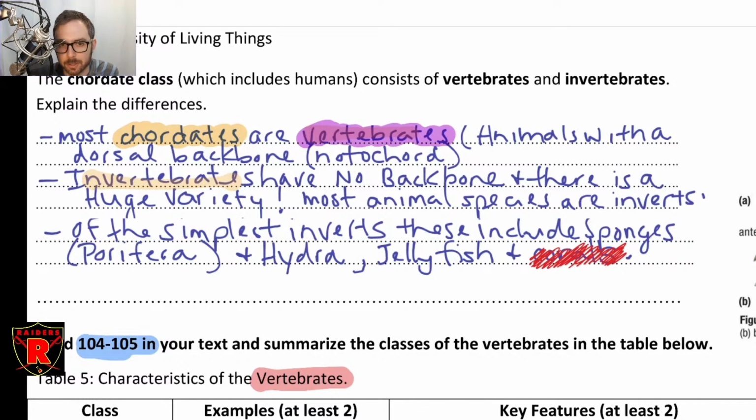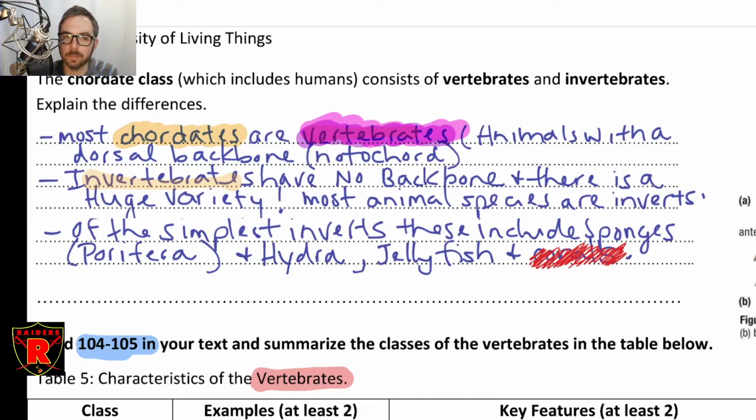Most things with a spinal cord also have a bone protecting the cord. If you have a bone protecting the cord, we call that a vertebrate. There are some chordates that don't have a bone protecting their cord. This is a common mistake, in that people assume chordate and vertebrate are the same thing. Most chordates are vertebrates, but not all.